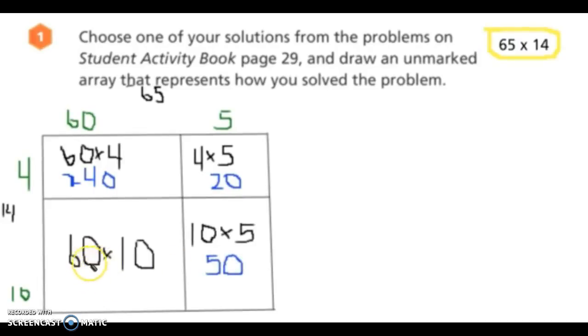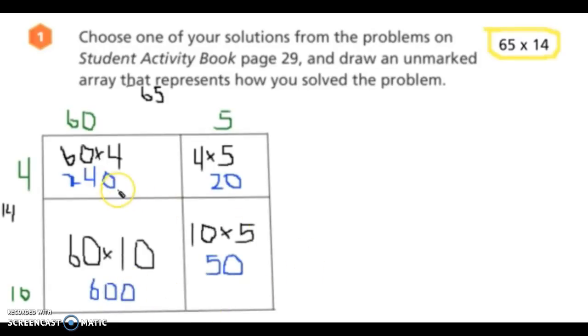And again, we can think about this as 6 times 10, which is 60, and 60 sets, 6 times 10 is 60. Therefore, the answer will be 600.